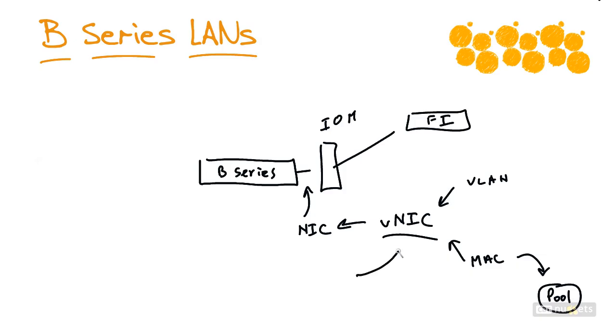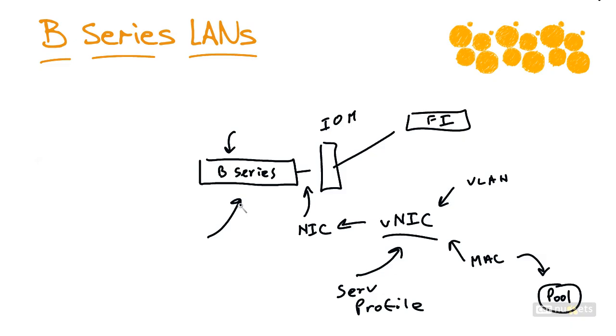You see, the virtualized NIC is part of a service profile, and this approach allows us to replace hardware. Yeah, to take this B series device and replace it with another B series device and not lose any of the virtualized identity information. The operating system believes it is on the exact same hardware, even though the hardware is changed.